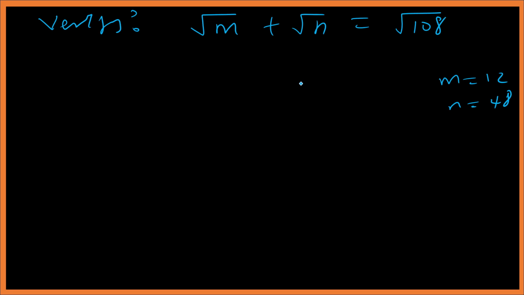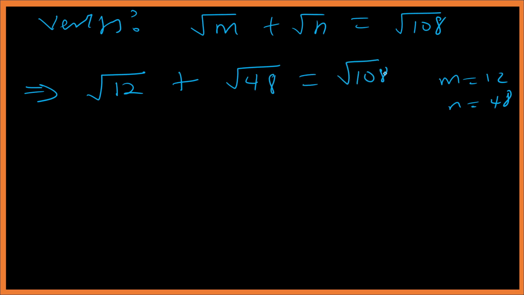Okay, so from here we have square root of 12 plus square root of 48 equals square root of 108. So let's verify if we'll get both sides equal.